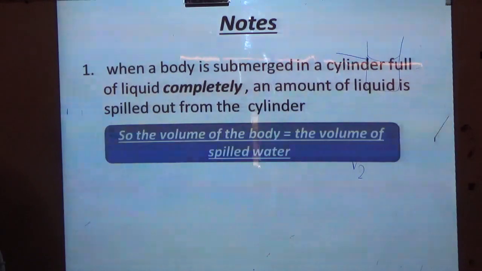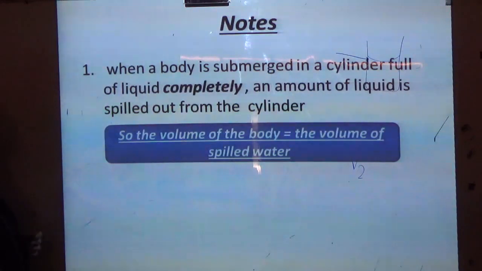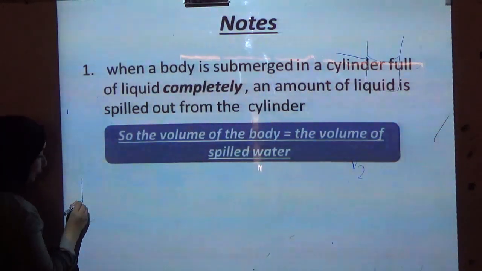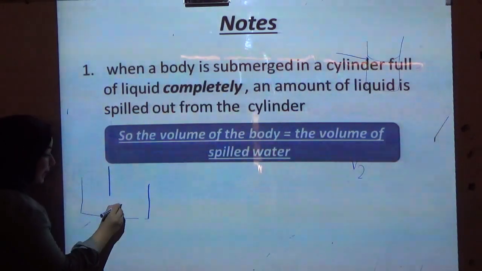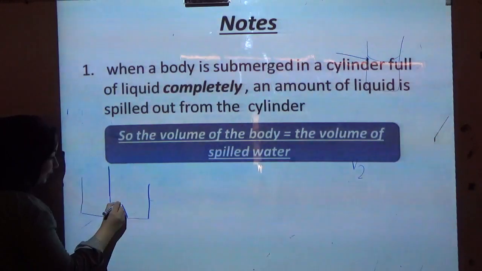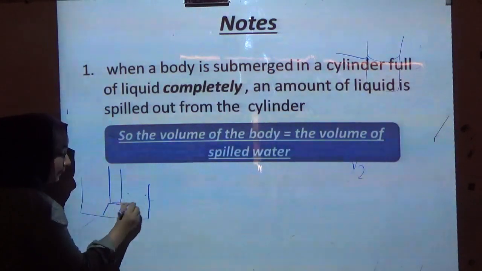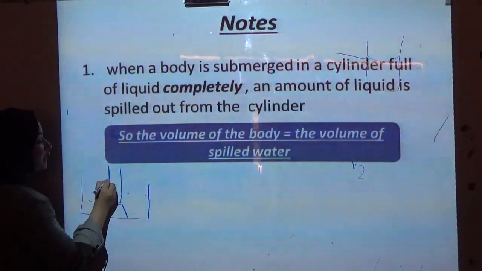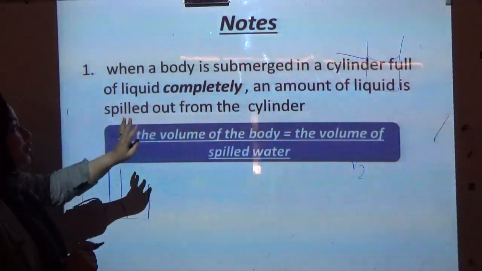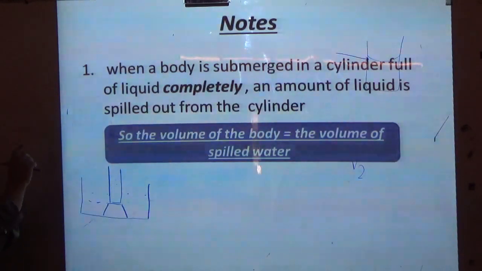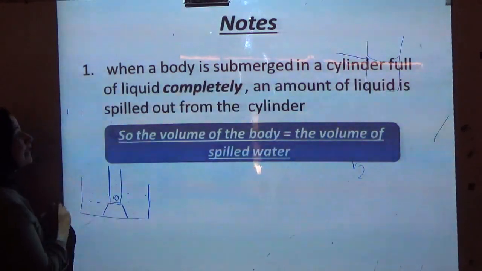Now, see with me this note. When a body is submerged completely in a cylinder full of liquid, imagine I have a basin, and inside the basin I put a cylinder. The basin is full of water, and the cylinder is also full of water. Then I put any solid object in.